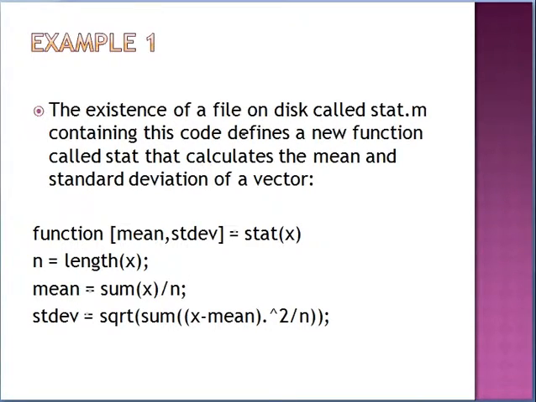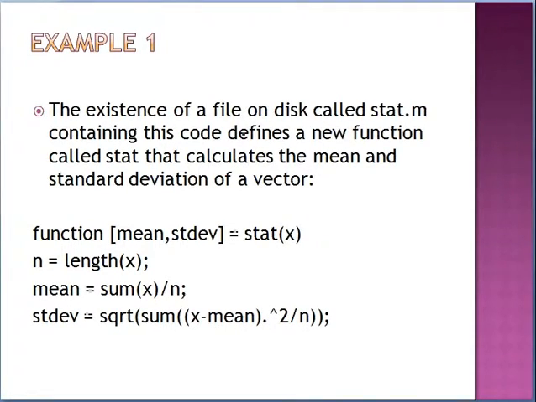The code for this program is, first of all, defining the input and output in the function. I have the keyword function. In square brackets I define the outputs, mean and stdev, that is the standard deviation variable, equal to state, the file name. In the brackets my input is x.